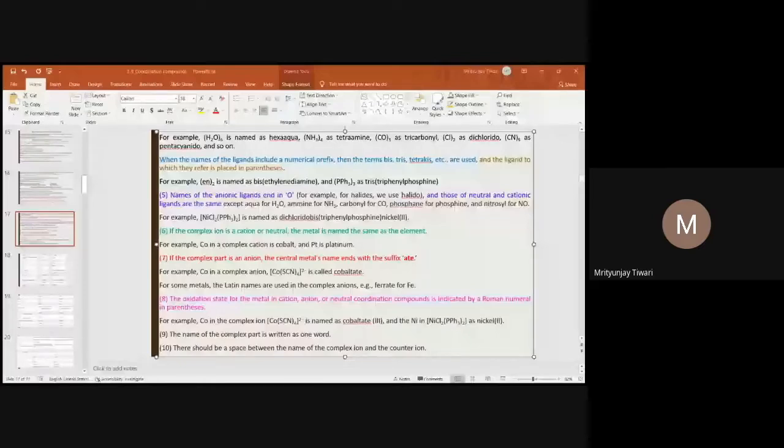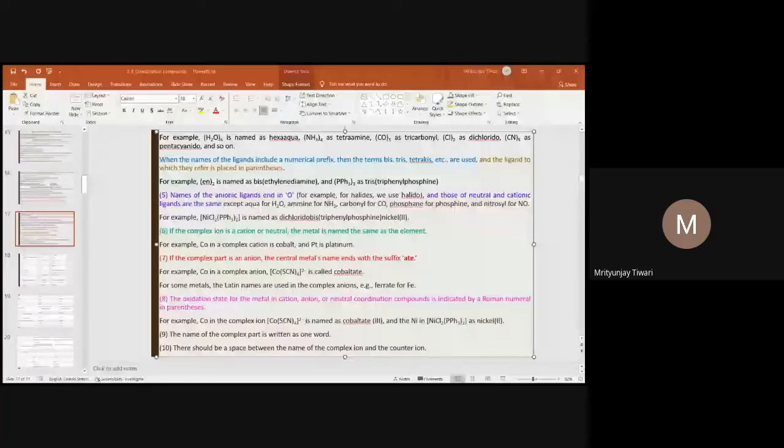Like sulfate: SO4 2 minus is sulfate. The ate means it has four oxygen atoms. Then sulfite has only three oxygen atoms, SO3 2 minus. Nitrate is NO3 minus, nitrite is NO2 minus, so one oxygen is less.